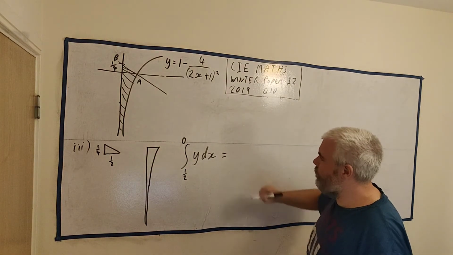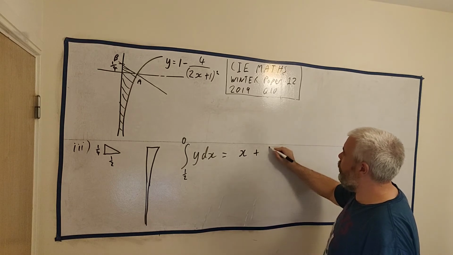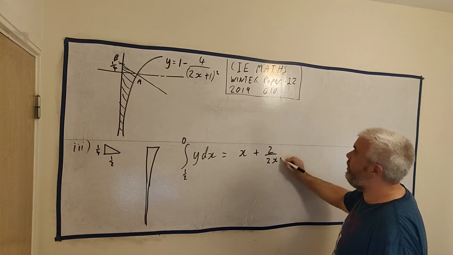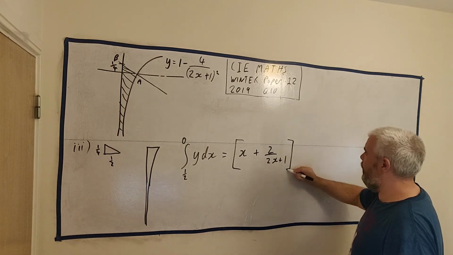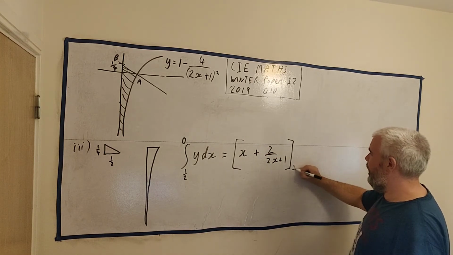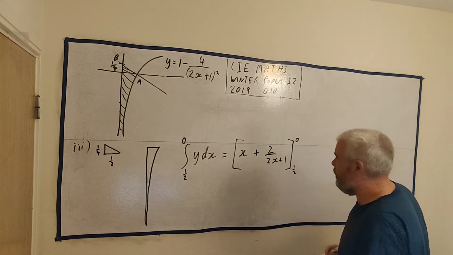And this is equal to x plus 2 divided by 2x plus 1, and this is, let's put a little thing around it like this. This is between a half and 0. So how do we get this?